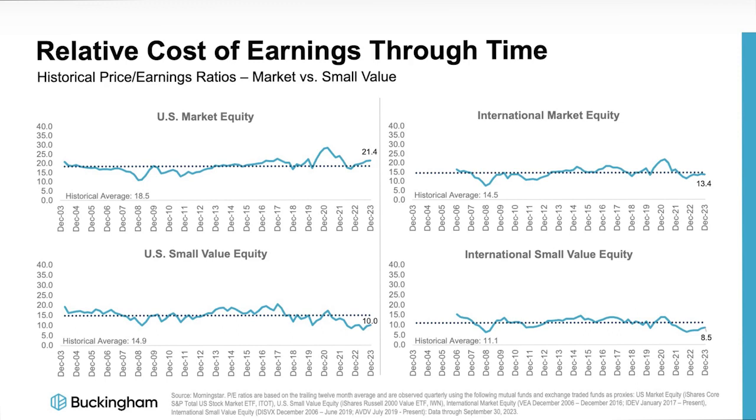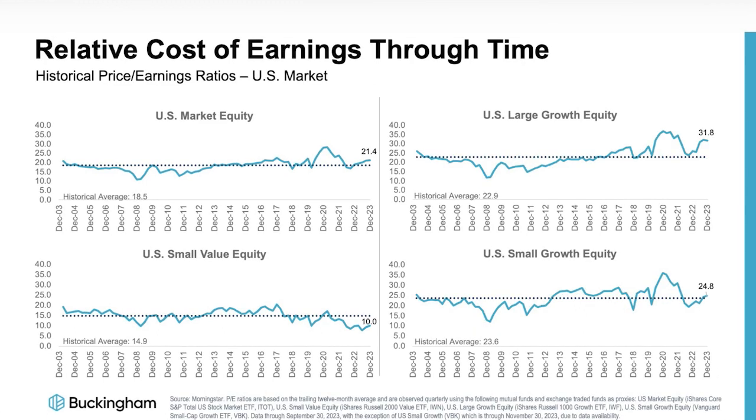And the opposite is true for international markets and small value stocks globally. Now, it's reasonable to expect higher returns than the past when valuations were above their long-term historical averages. And I'll emphasize that this is a long-term relationship, and that short-term outcomes will likely be dominated by unexpected market forces.